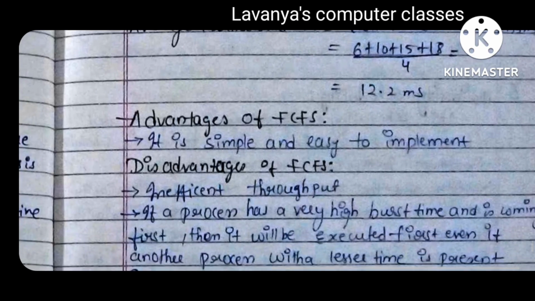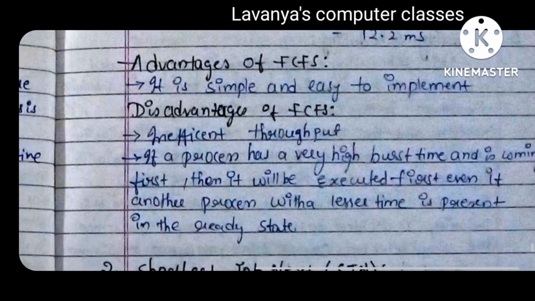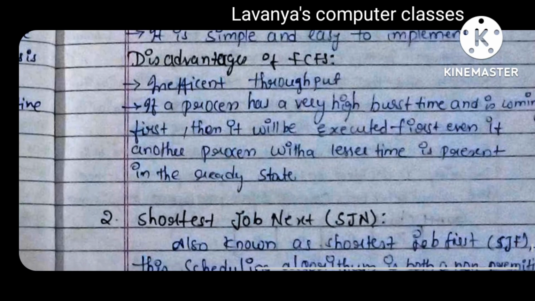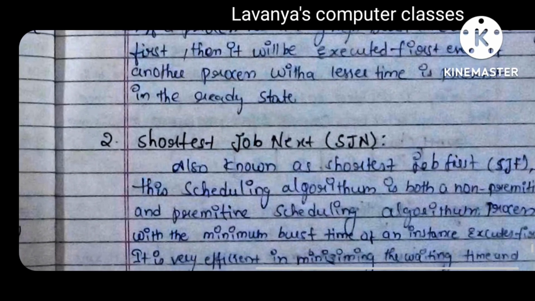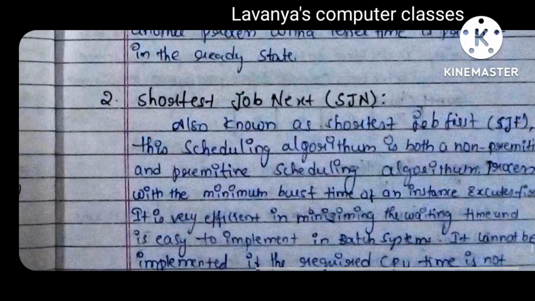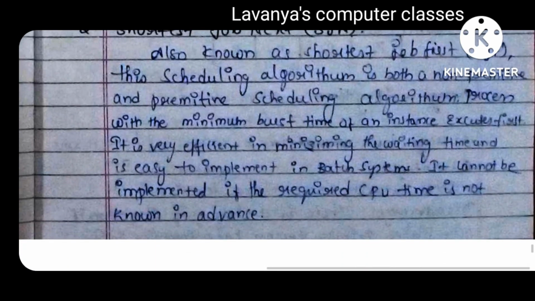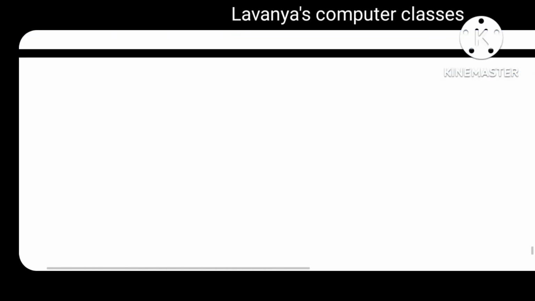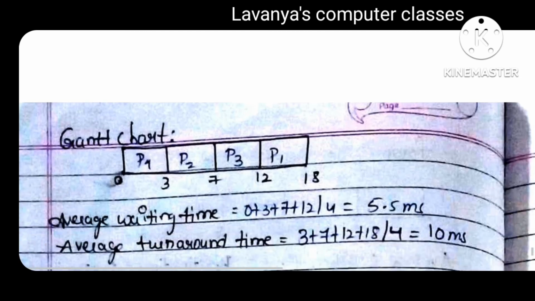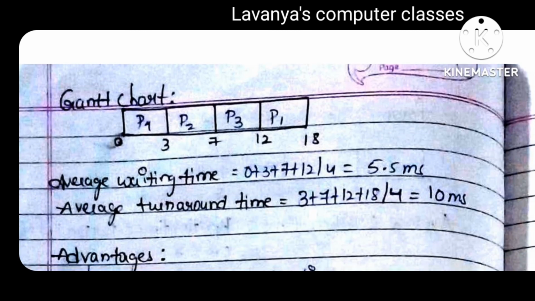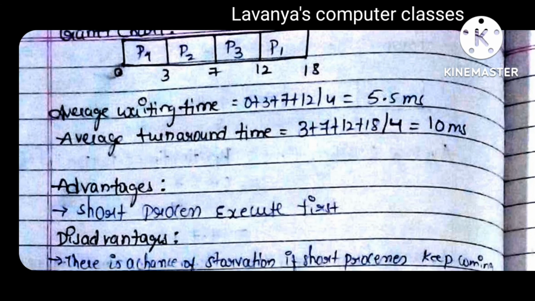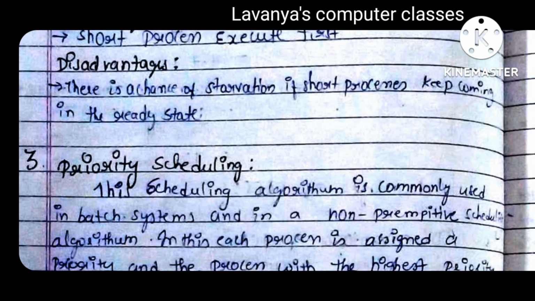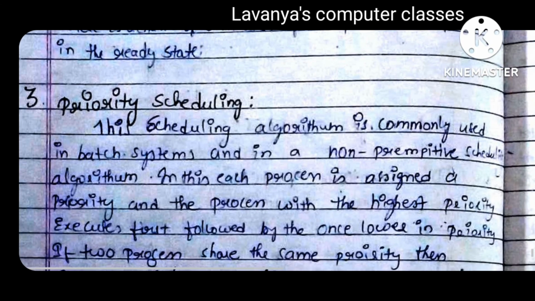Advantage and disadvantage of FCFS. Next one is shortest job next. Everything you have to explain with examples. This is the example for shortest job next. Advantages, disadvantages. Next, priority scheduling.